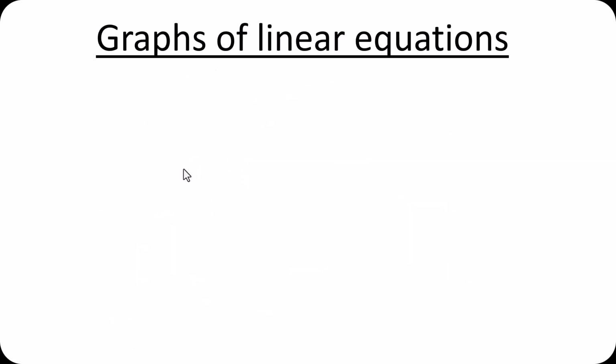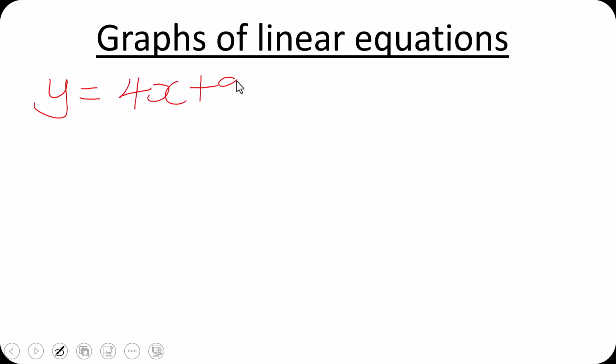So I'm going to ask you to think about this equation. If you have an equation like y is equal to 4x plus 9, what do you think is the m and your c? Think about it. M is 4 and c is 9. I'm giving you one more question.